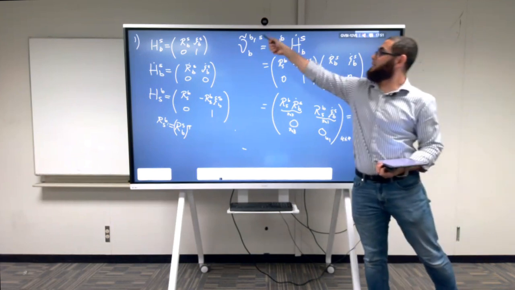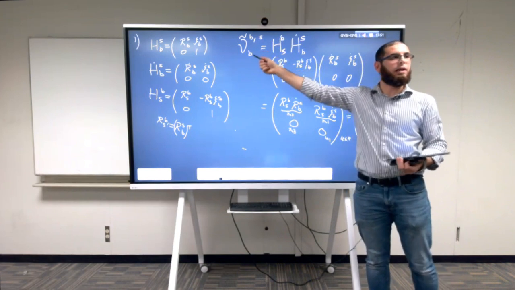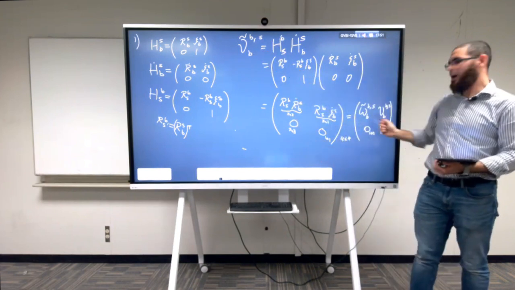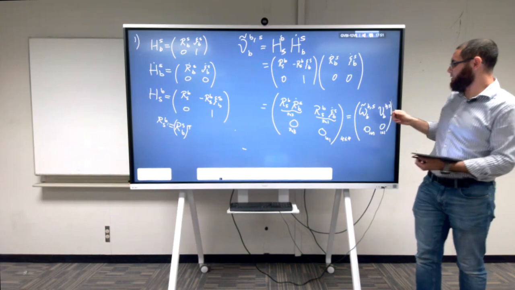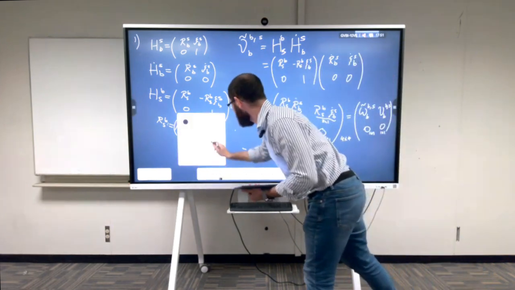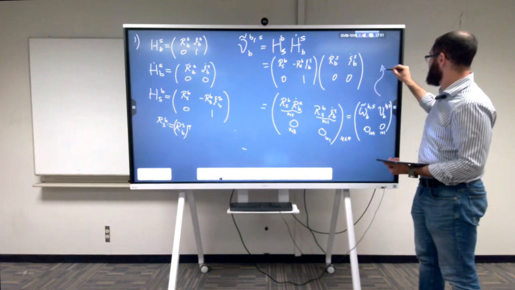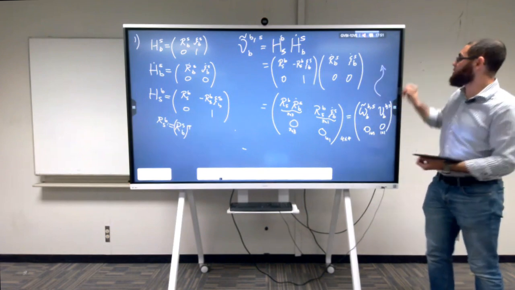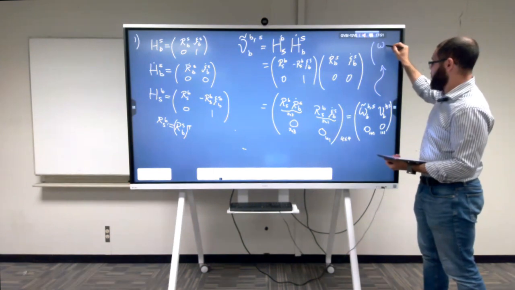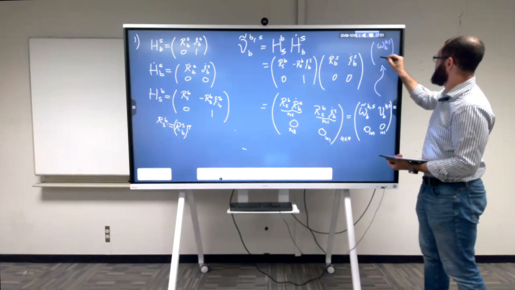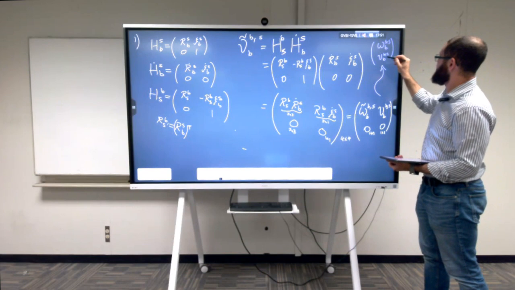This 4x4 matrix written in this way is actually isomorphic to a vector. Now let's define this isomorphism, this map that would take this 4x4 matrix and just put omega b bs on the top and v b s on the bottom.